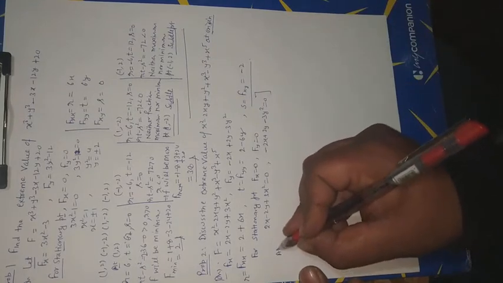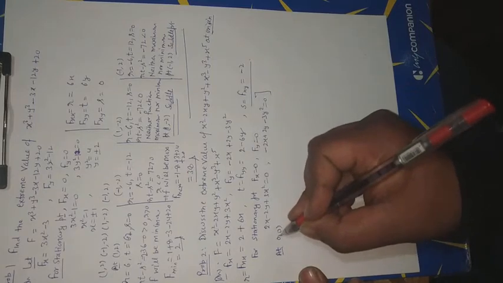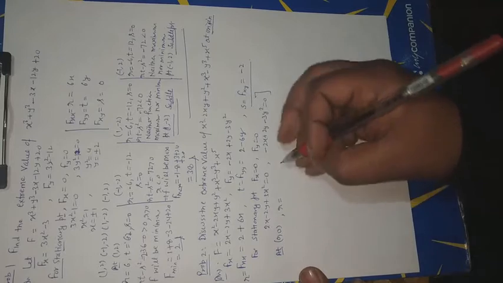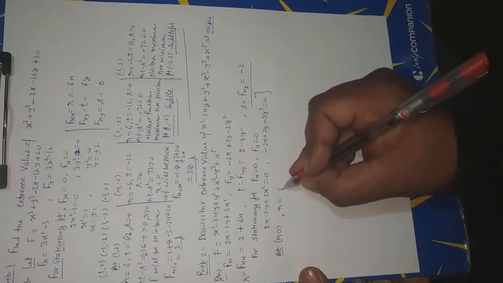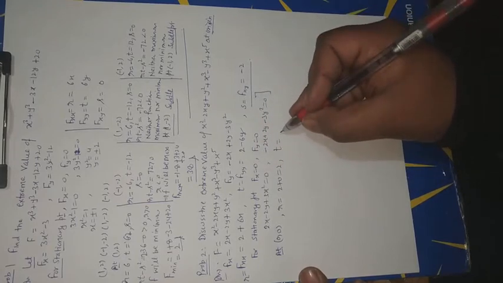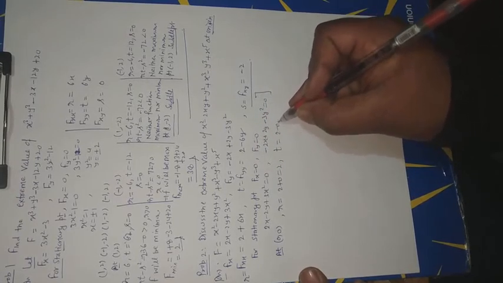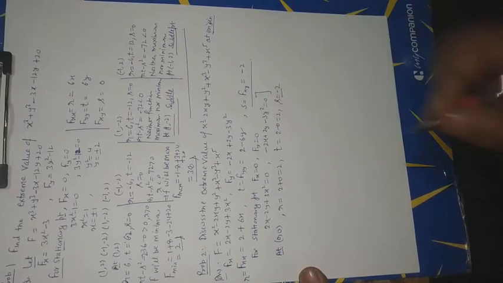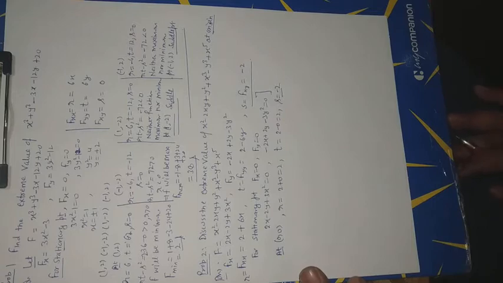Now at point (0, 0), which is a given point, the value of r is equal to 2 plus 0, which is 2. Now t is 2 minus 0, which is equal to 2. Now s is equal to minus 2 already. It does not depend on the origin.